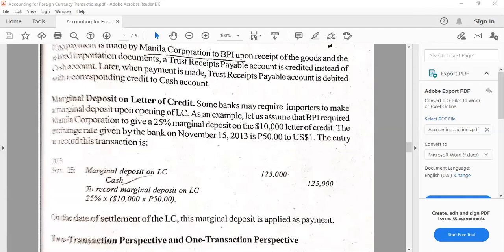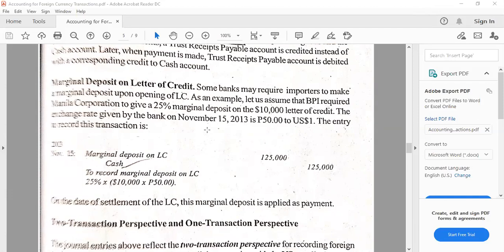Next, what about if there is a marginal deposit on letter of credit? It's possible that the bank would be requiring us to finance the said letter of credit and importation of a certain percentage. So let's say out of the $10,000, so in thousands, 10 in thousands dollars, letter of credit is 25%. So we are going to pay that to BPI.